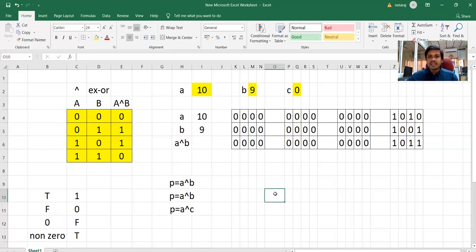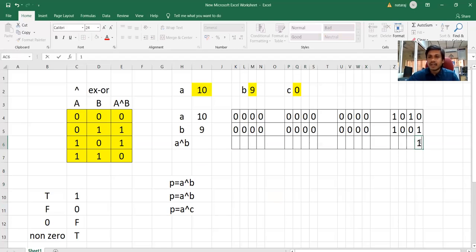A is 10, B is 9, and we need to find A cap B. See here, 1 and 0 are opposite, so it is 1. As per the truth table, 1 1 both are same, 0. Both are same, 0. These also both are same, 0.